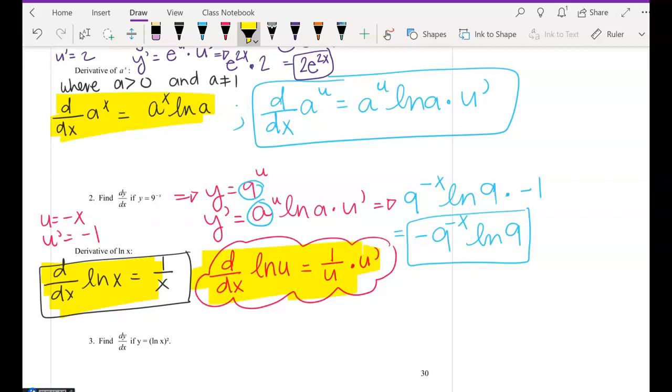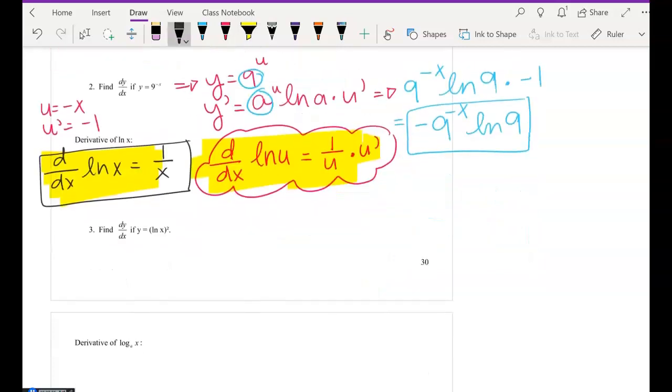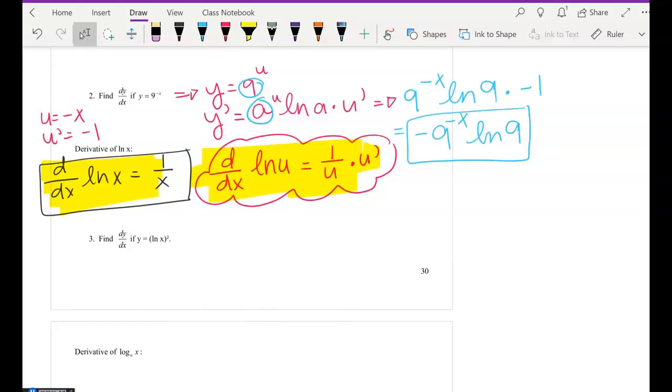Let's do example 3 using that same exact rule that we just got done writing. y prime is, okay, I'm going to use the chain rule. This one looks like I have the power rule.